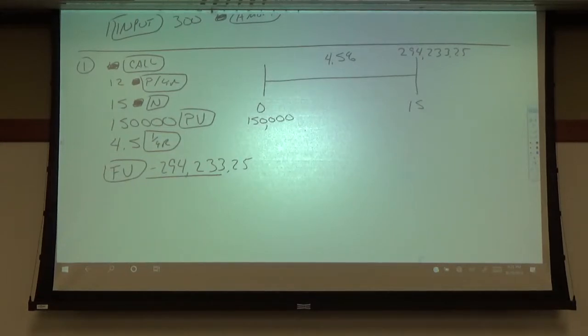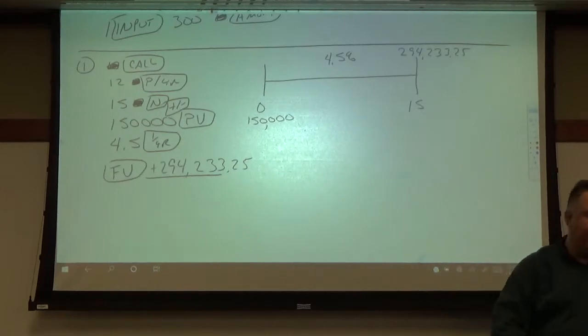Okay, now in this scenario, what we should be saying, let me actually move that back up. The best perspective to look at this one would have been to make the 150,000 a negative, therefore this is a positive, okay? Because that's going to make the most sense.